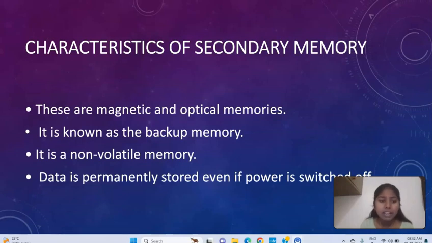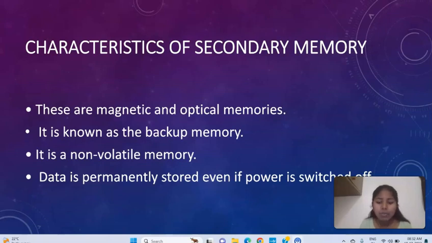It is also known as backup memory, and it is non-volatile. Data is stored permanently even when the power is switched off.